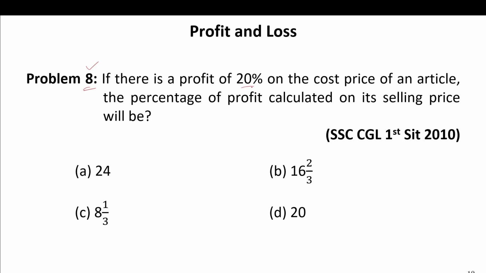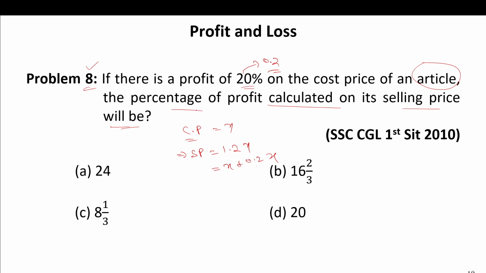If there is a profit of 20% on the cost price of an article, the percentage of profit calculated on its selling price will be what? So there is a 20% profit on the cost price. So CP is equal to X. This implies that SP is equal to 1.2X, because this is equal to X plus 0.2X. 0.2 comes from here, because 0.2 is the decimal form of 20%.